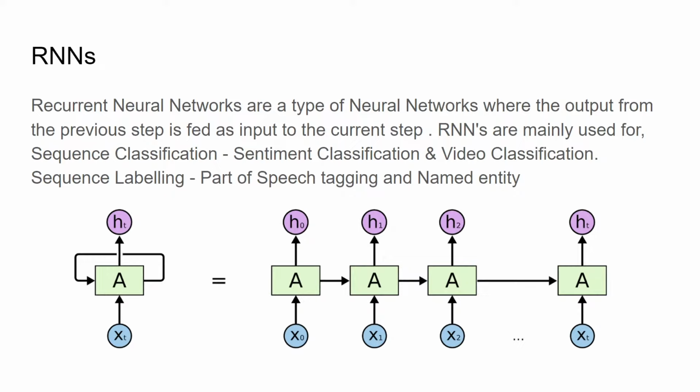The next kind of very famous deep neural network structure is the recurrent neural network, where a neuron takes some input, gives some output, and then that output is fed into the same neuron again, and the computation is done based on these two inputs: the input coming from the previous layer and the input from itself. Then it gives some output, and it is fed into various other neurons.